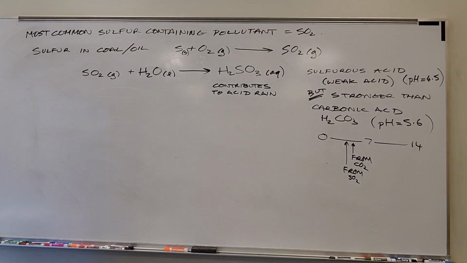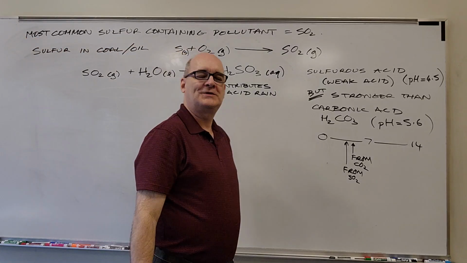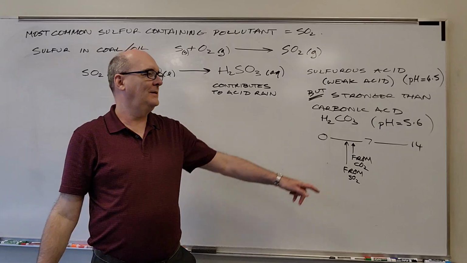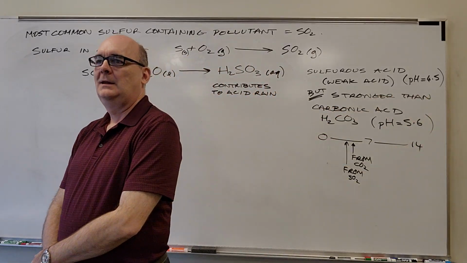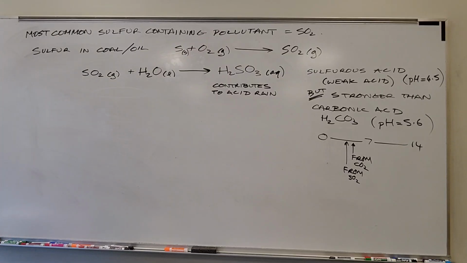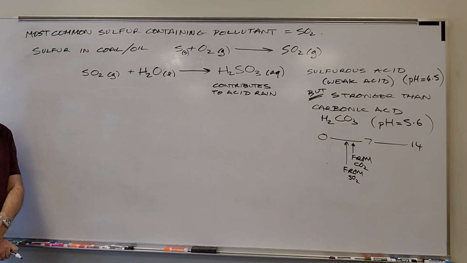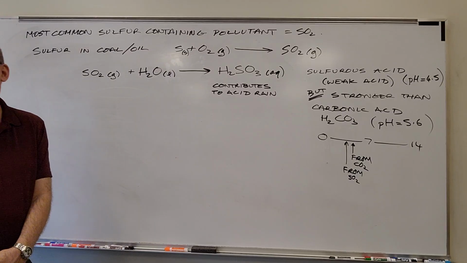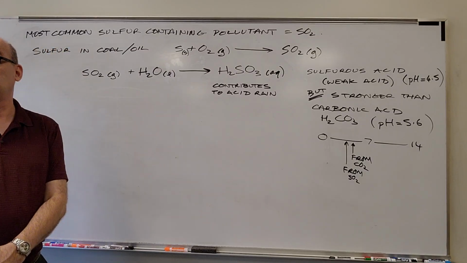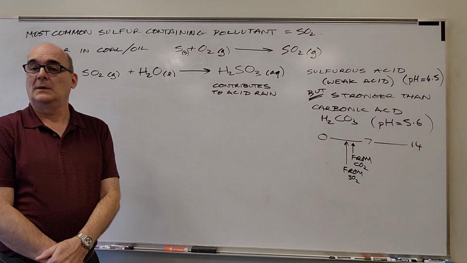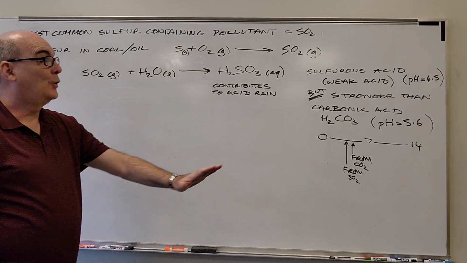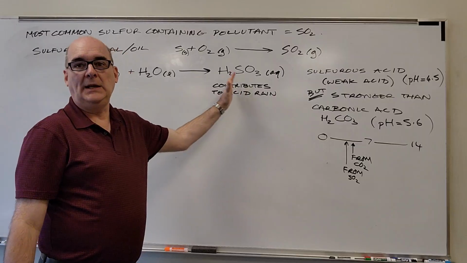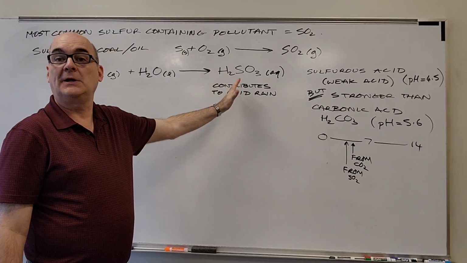Is 4.4 more acidic or less acidic than the 4.5 that sulfurous acid is going to get you? Yeah. So a smaller number, more acidic. The most acidic is going to be 0. If you get to 0, oh wow, you're acidic. 7 is neutral. So sulfurous acid pushes the needle right into danger territory.